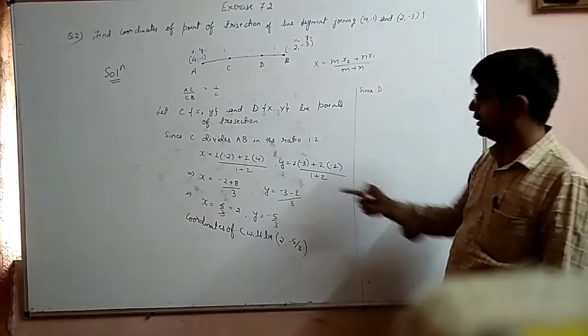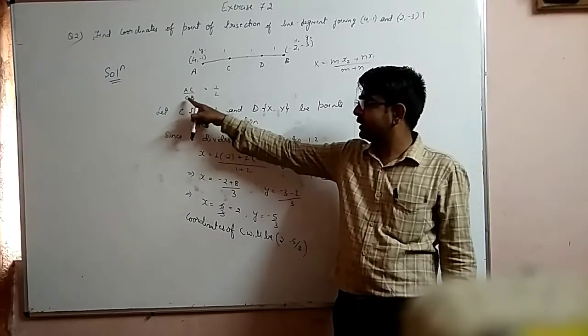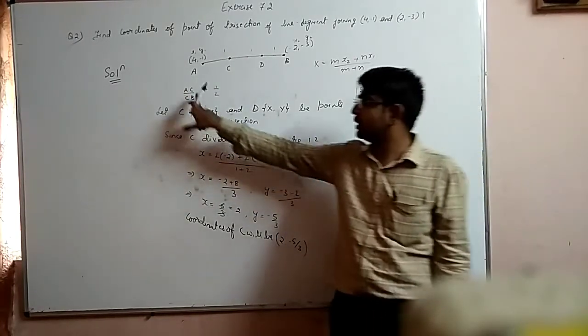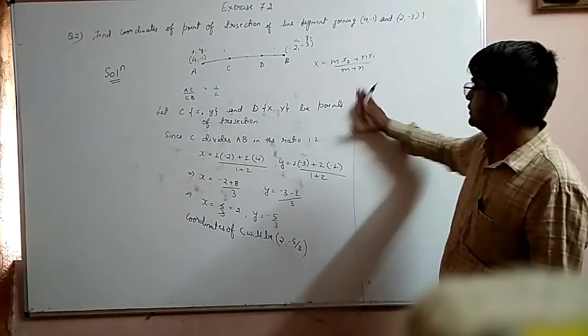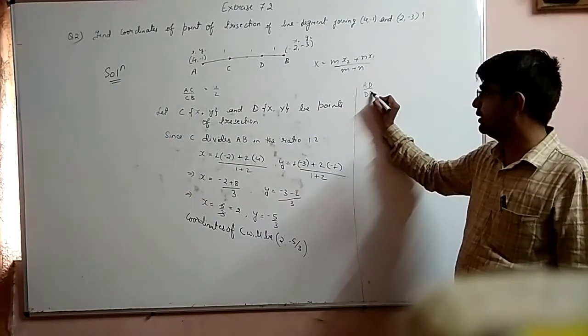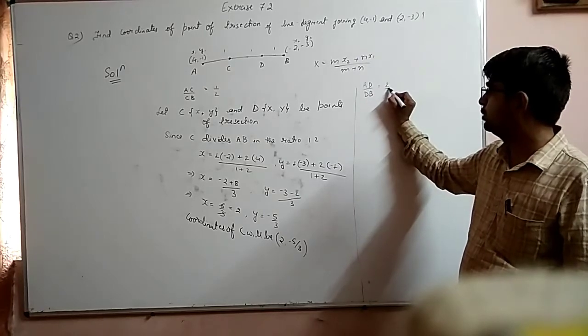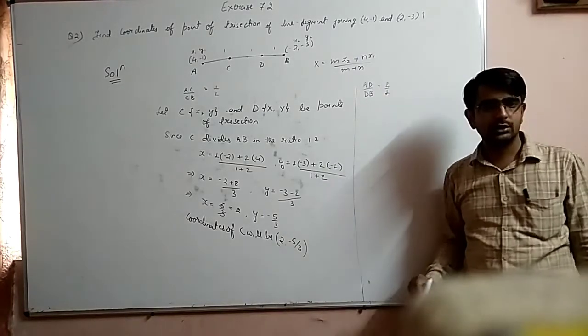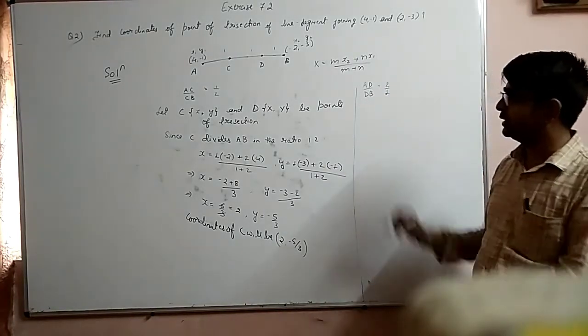So AD by DB. See, here I had written AC by CB because we were talking about C. So here AD by DB will be 2 by 1. Okay, the ratio is 2:1.